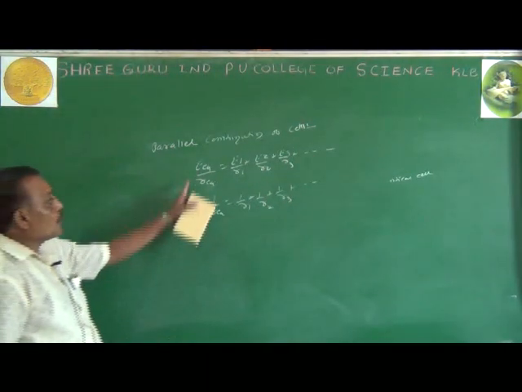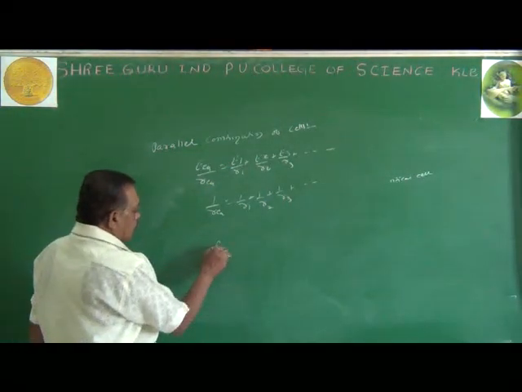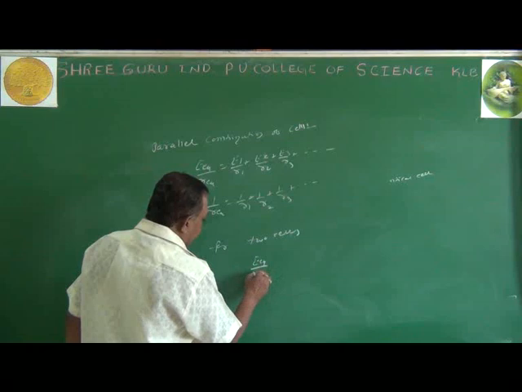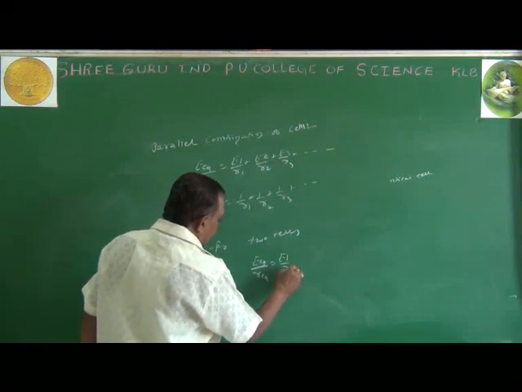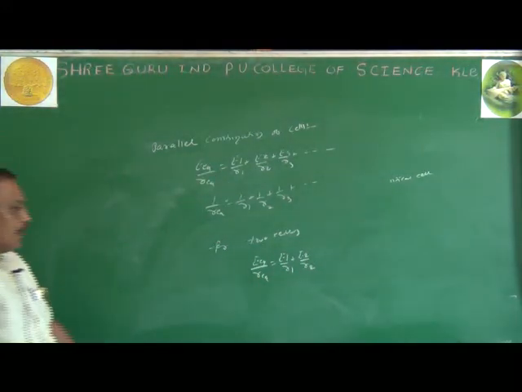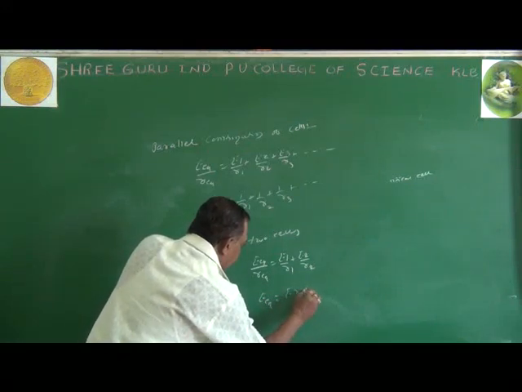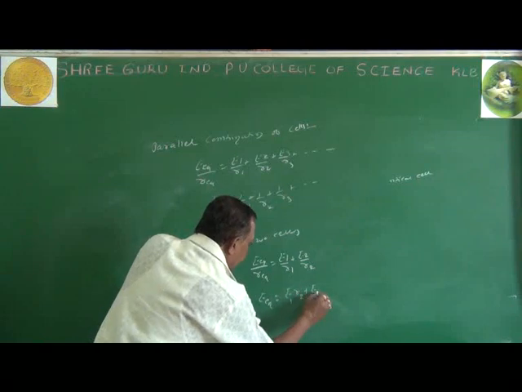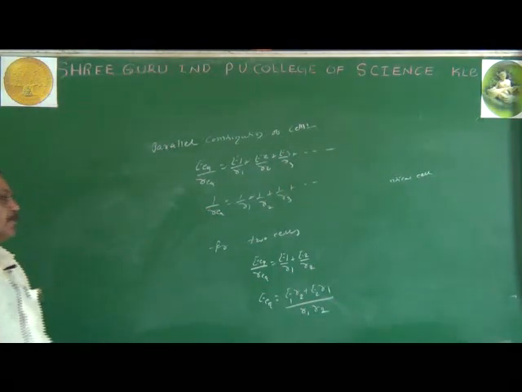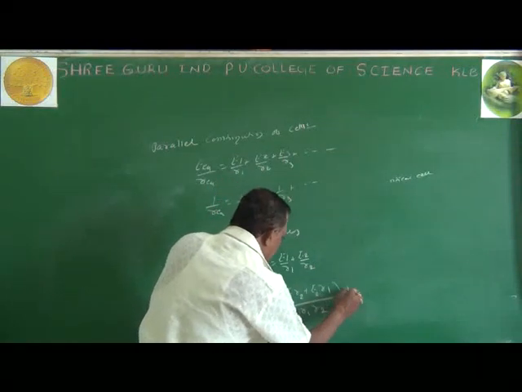When I come across two cells, for two cells, E equivalent divided by R equivalent equals E1 by R1 plus E2 by R2. Right? Then I want to write only E equivalent. E equivalent equals E1 R2 plus E2 R1 divided by R1 R2.